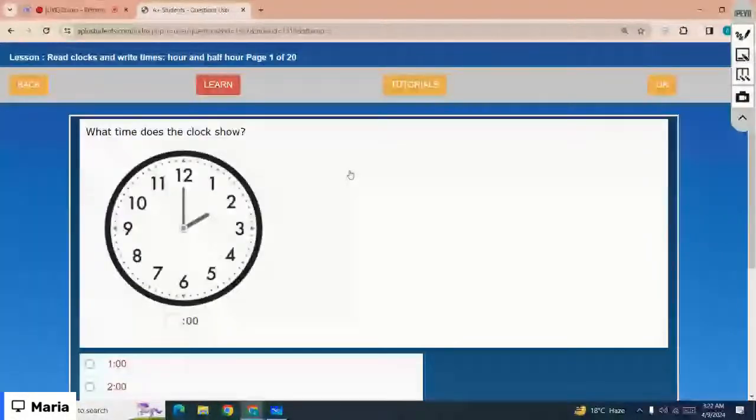What time does the clock show? Which is the correct option? The correct option is yes, 2 o'clock it is.